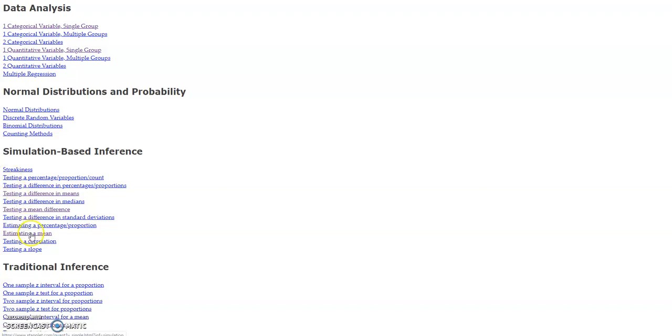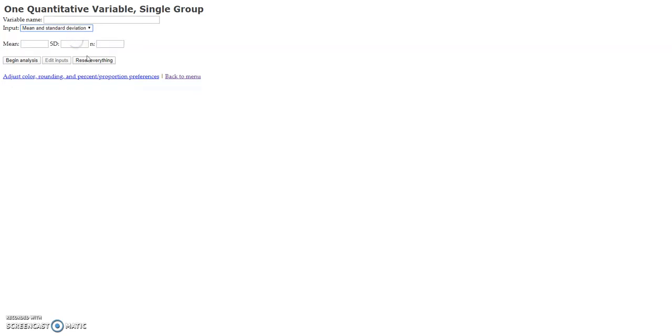And then once you click on estimating a mean, you need to change the input dropdown to mean and standard deviation. All right, and I'm writing this down on my notes so that you will know what to write down on yours.